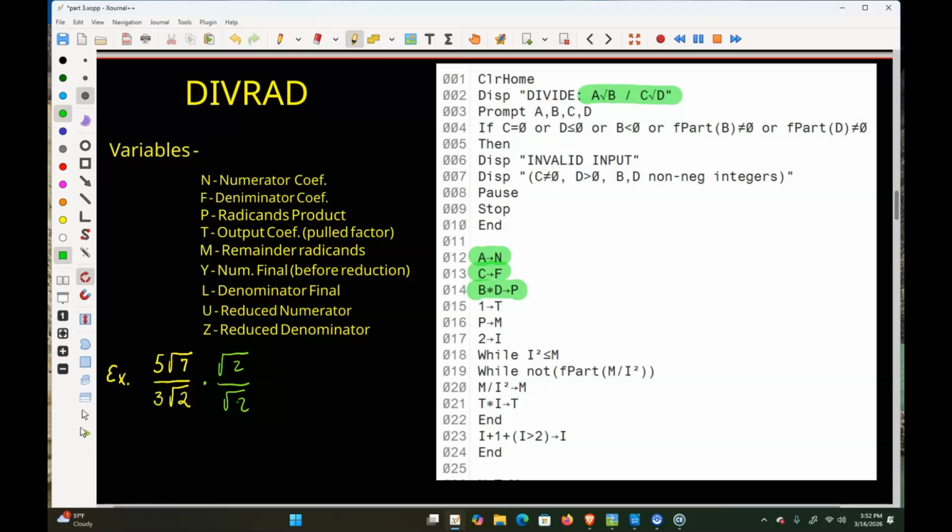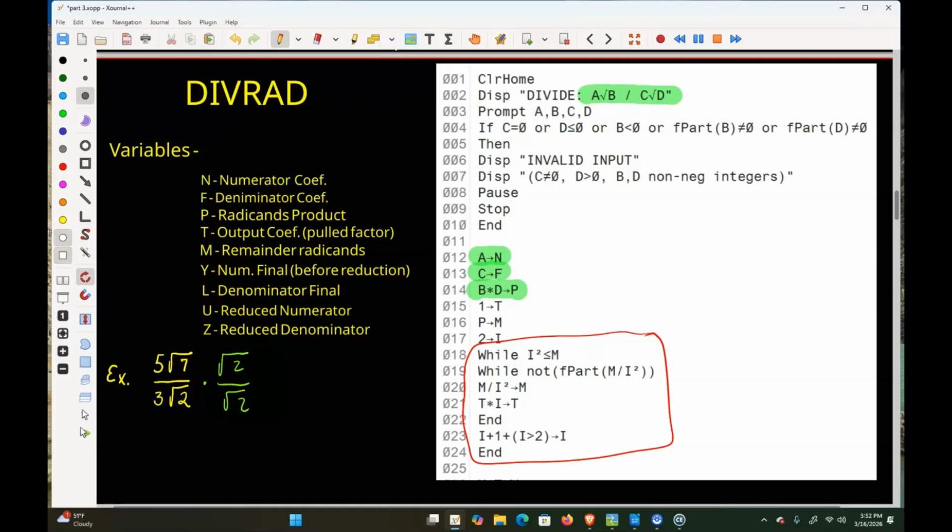So the next thing we need to do, once we have this information, is simplify. So that's what we're doing here. We're simplifying by dividing by squares. Let's go ahead and work the problem now.